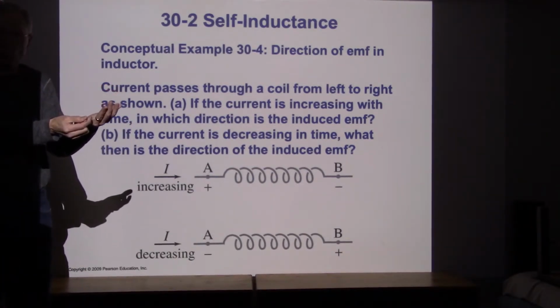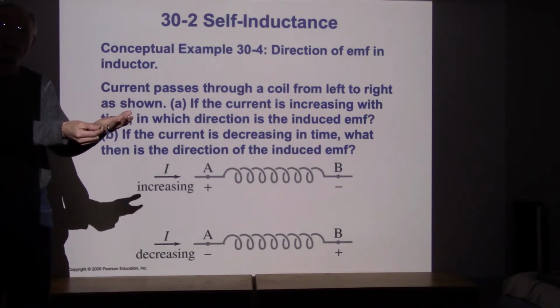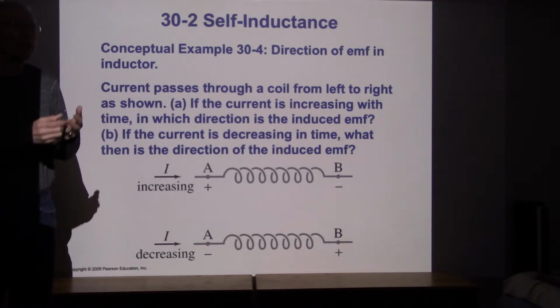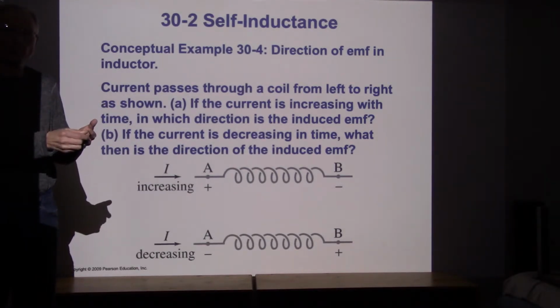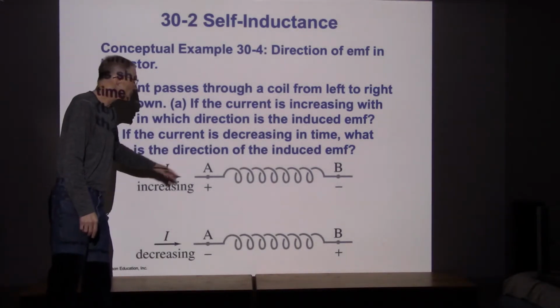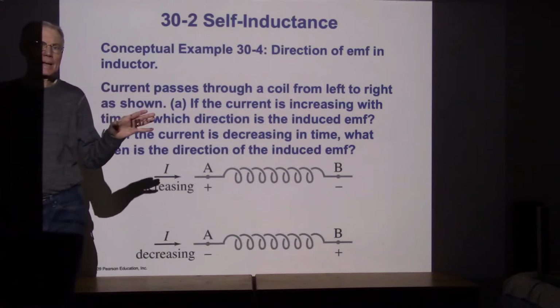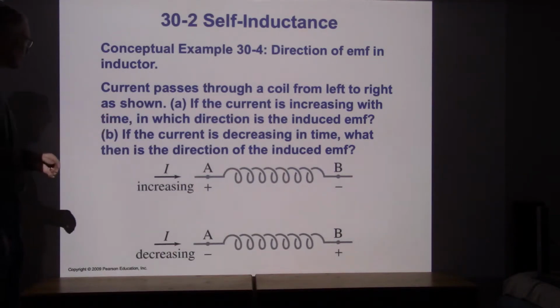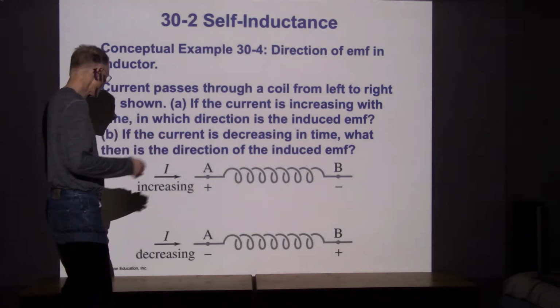Well, they had voltage drops that were dependent on R times I. There were capacitors. They had voltage drops that were 1 over C times Q. And now we have inductors with voltage drops that depend on L times di/dt. We'll see that show up in some of the circuits that we're headed towards.